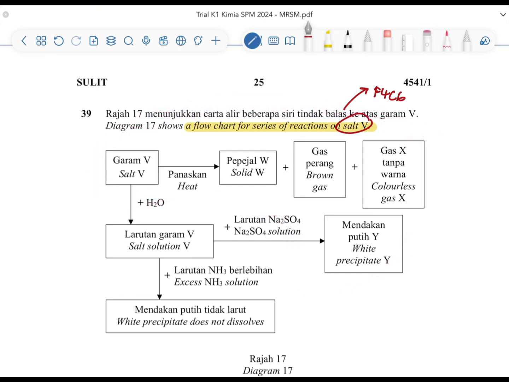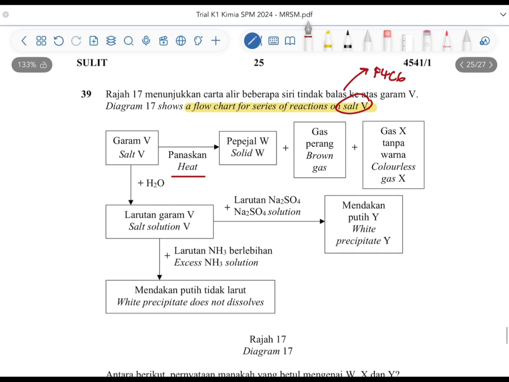We have the salt V, and when we heat it, it will become the solid W, a brown gas, and the colorless gas X. That is reaction 1. Then reaction 2 is you add water, and it will become the salt solution V. This is just dissolving. It means the salt is dissolved in the water and forms the salt solution V.